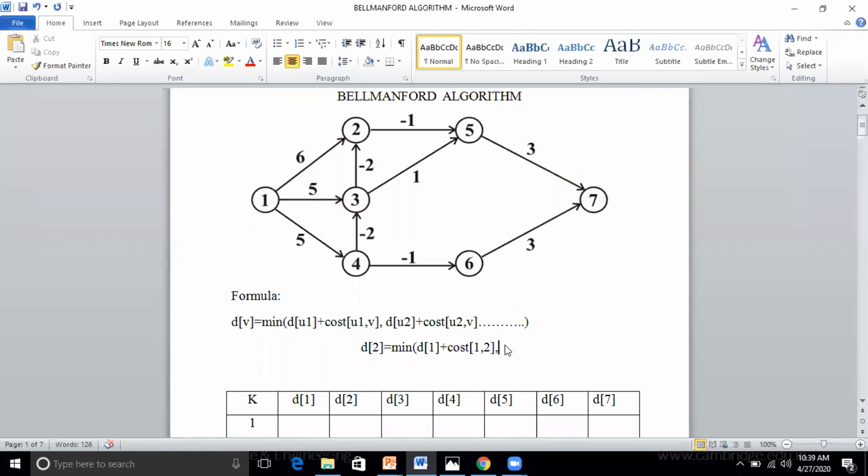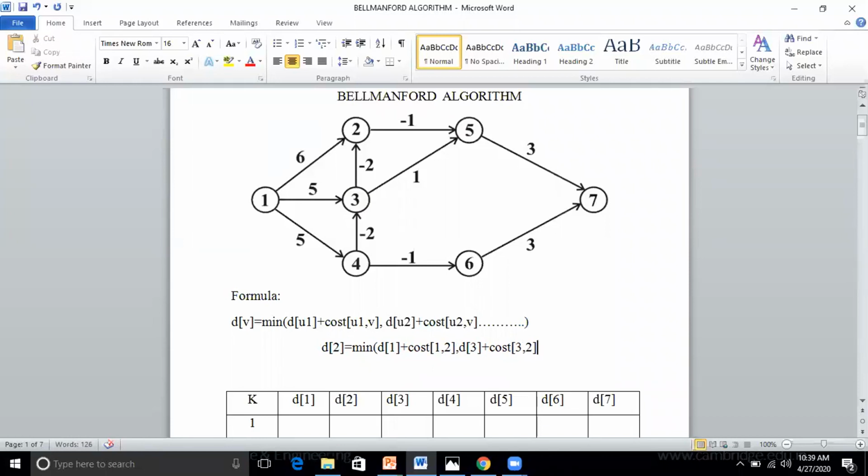Now I have written it for one incoming vertex for 2. What is one more incoming vertex? Is it 3? Yes, sir. How can I write this formula? d of 3 plus the cost of 3 to 2. Are you able to follow this?